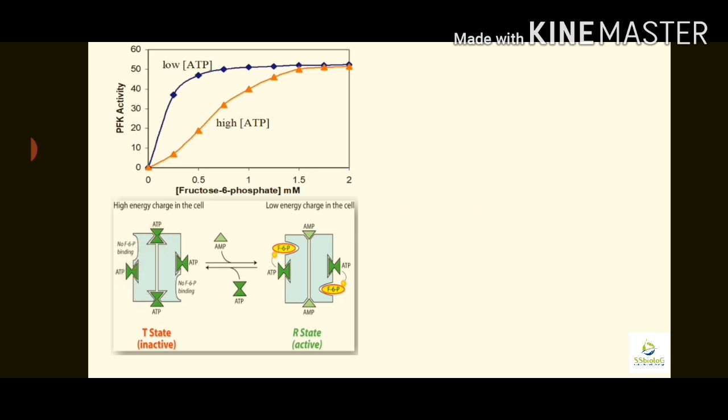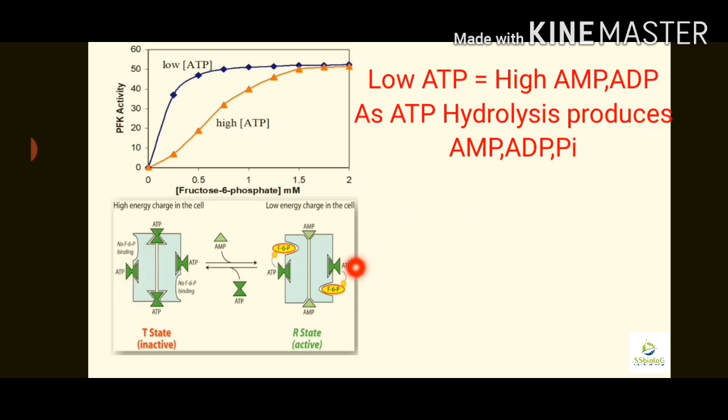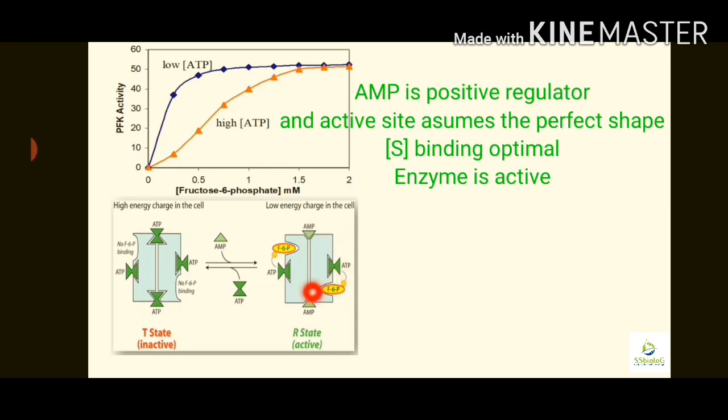But when ATP is low in the cell, invariably the AMP or ADP concentration will increase. That also causes a change in the active site of the enzyme, and the enzyme assumes a perfect conformation, so that the substrate can bind to its active site, and thus in the R state the enzyme becomes active.